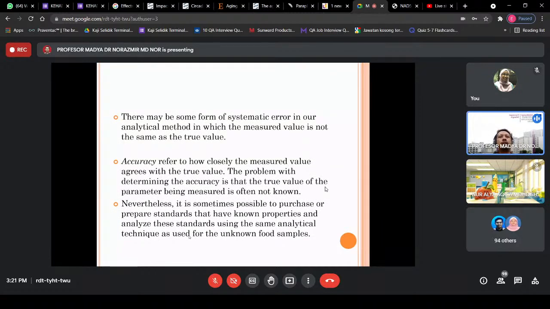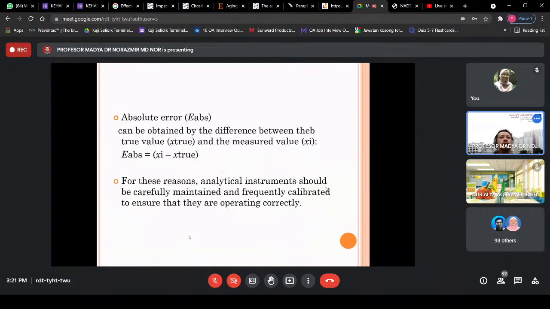Okay, try to avoid systematic error in the analytical method. So that's why in the lab we have the control or the blank before we conduct the actual analysis. So must be accurate. Sometimes there is absolute error in terms of the data analysis.